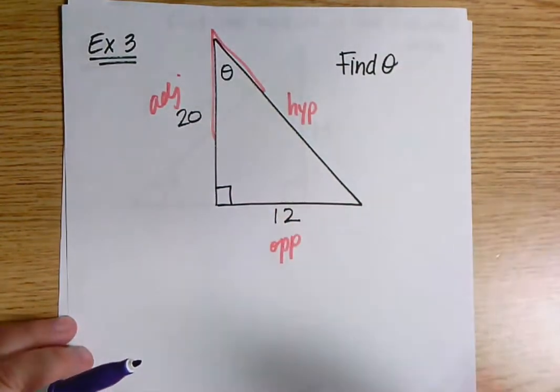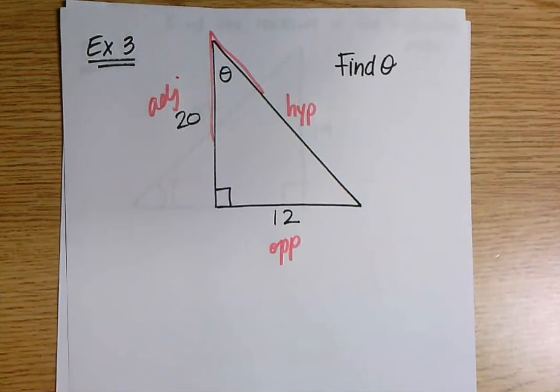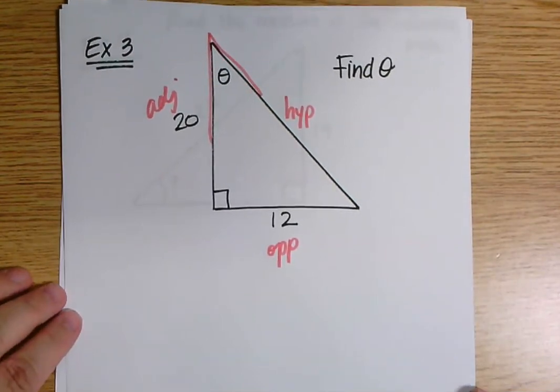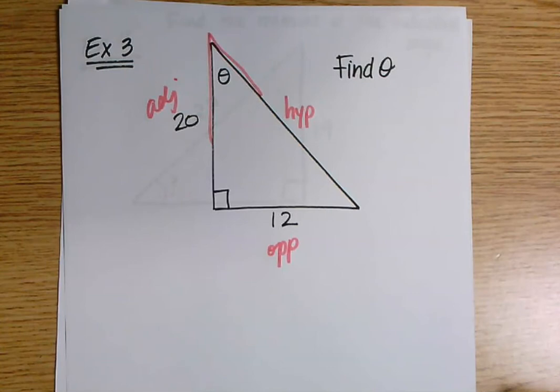There's the opposite. So the two sides I'm working with here are the what? Opposite and adjacent, right? So which function do I need to use? Which one deals with opposite and adjacent? Tan. Tan is opposite and adjacent.